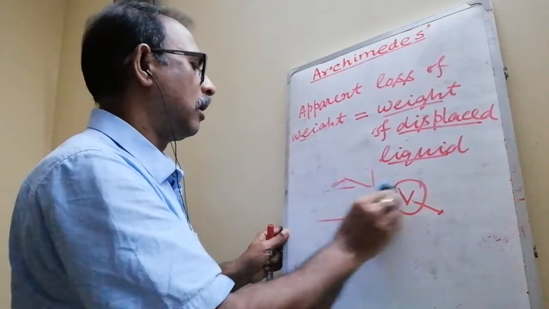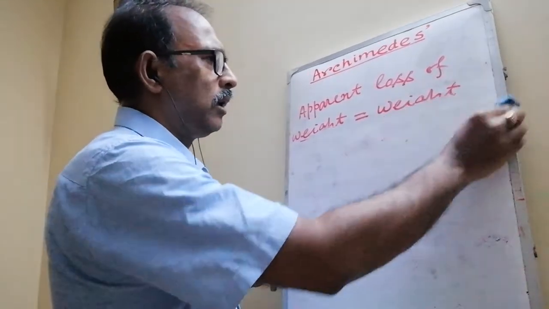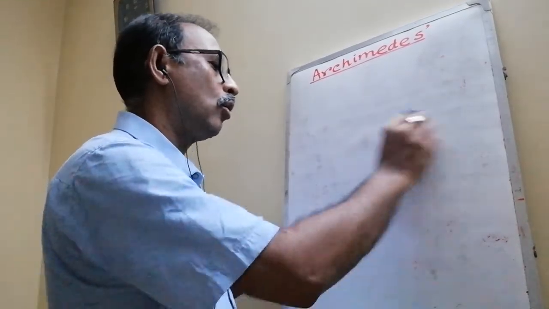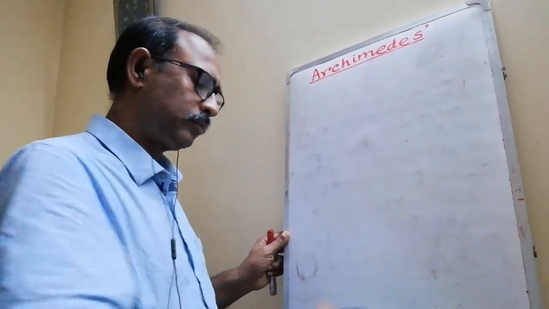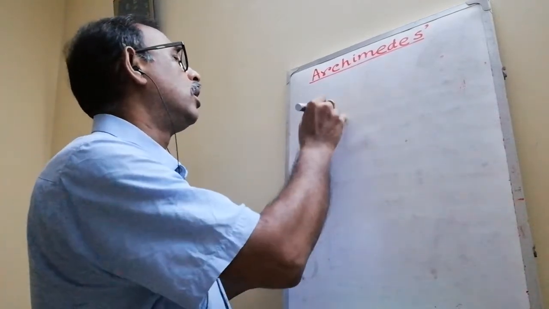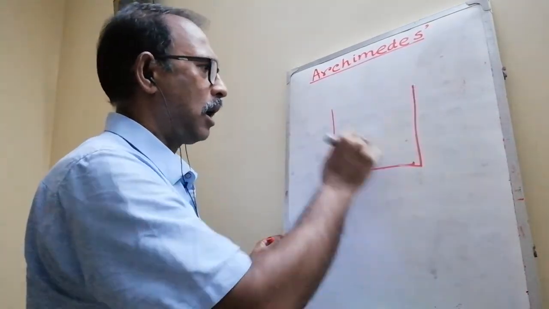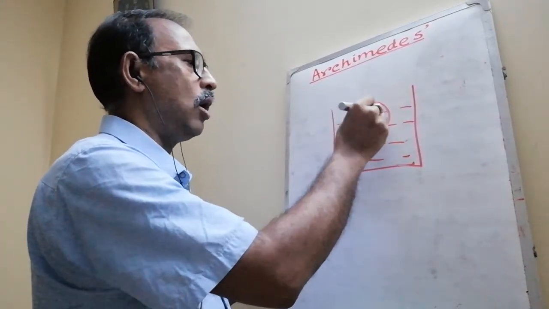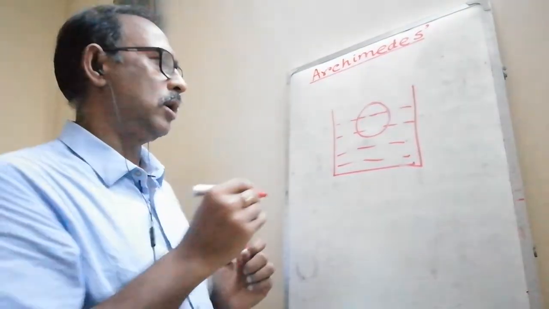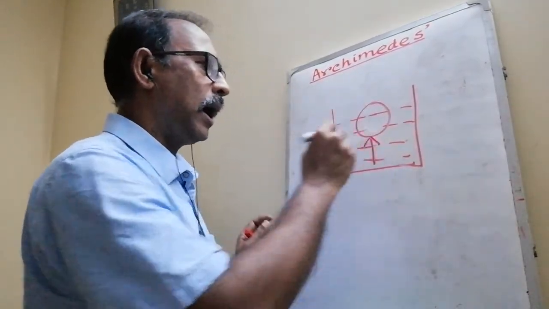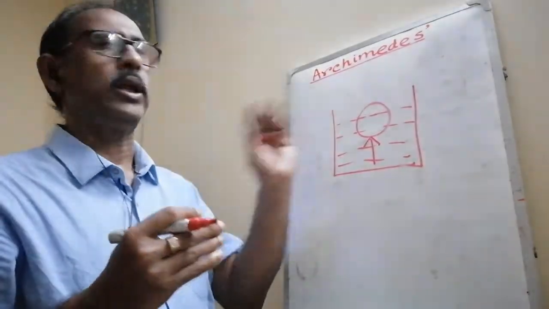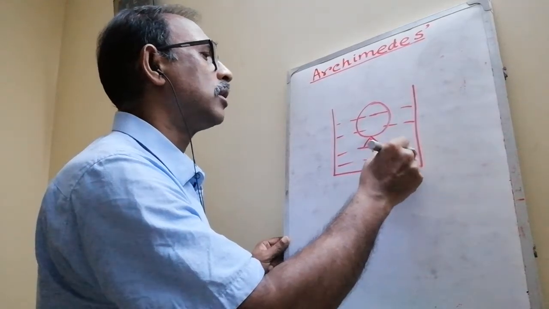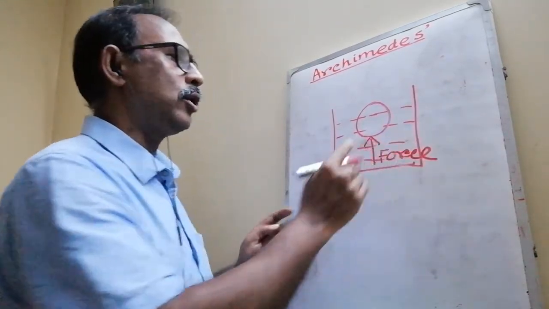Now the question is why the object loses its weight apparently. Because when the object is dipped partly or fully into the liquid, an upward force is applied on it.